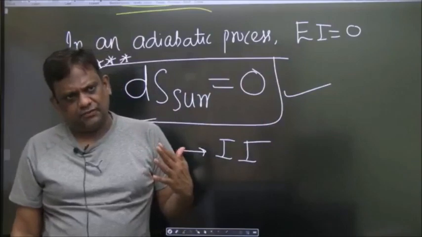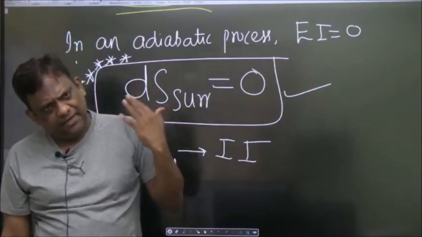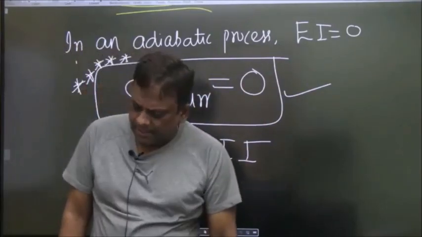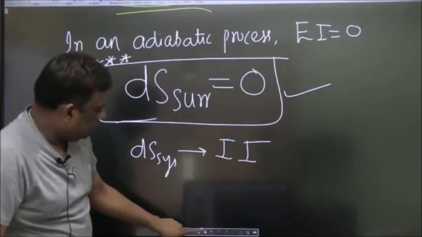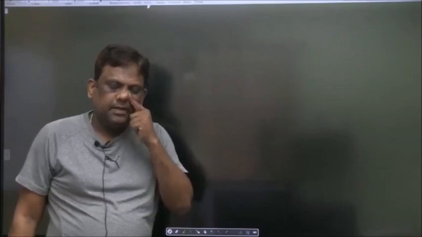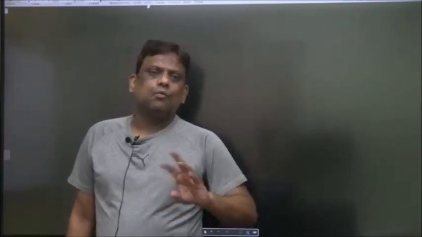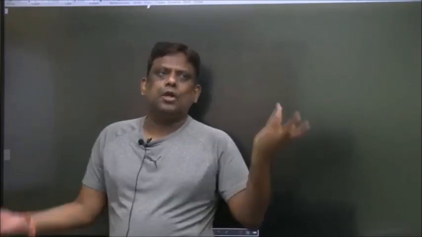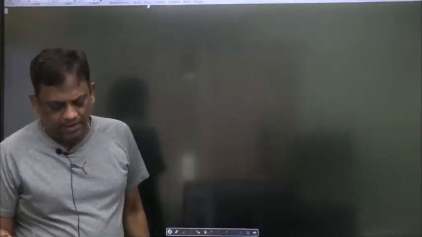Due to heat transfer. Okay? Now, irreversibilities are associated within the system, because this is friction from inside. So whatever is external, heat transfer, we have already taken care of.